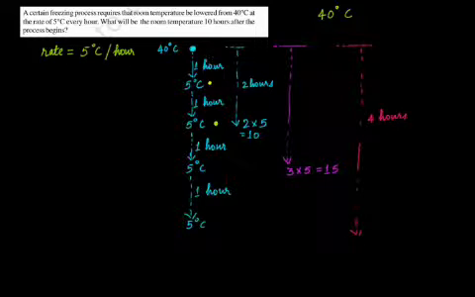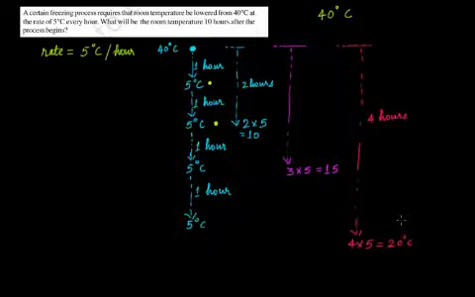So for 4 hours it will be 1 hour plus 1 hour plus 1 hour plus 1 hour, that is 4 hours. 5 plus 5 plus 5 plus 5. And therefore, for 4 hours it will be 4 times 5, that is 20 degrees Celsius.